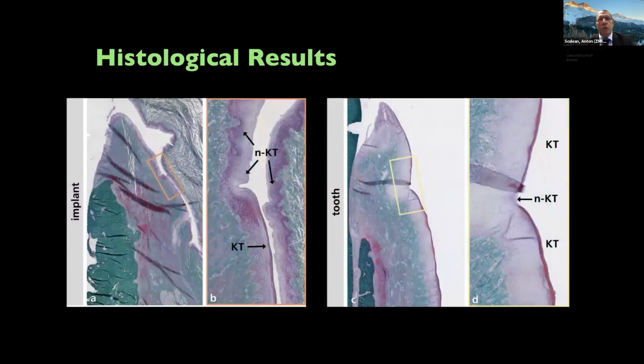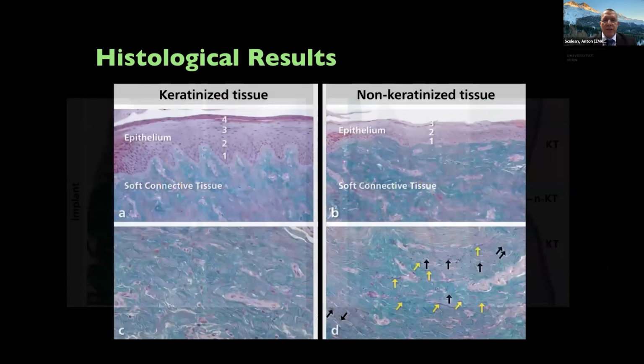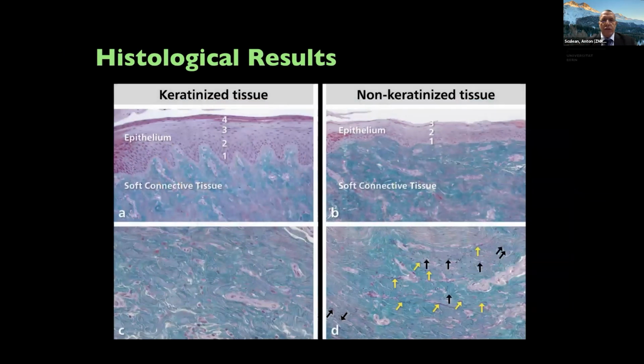So what we concluded, based on these experiments, was that the keratinized tissue that is transpositioned apically remains keratinized. However, the non-keratinized epithelium doesn't keratinize around the implants, but it keratinizes around the teeth. Why?